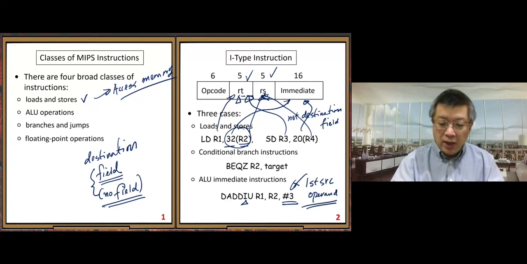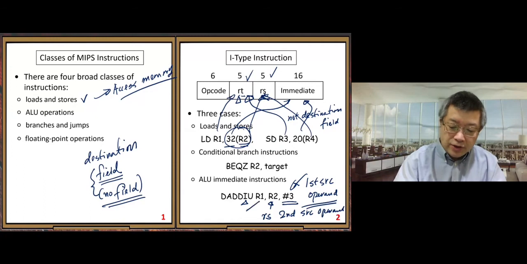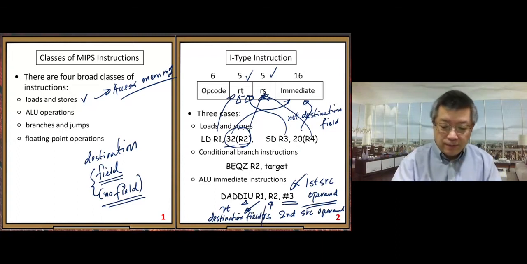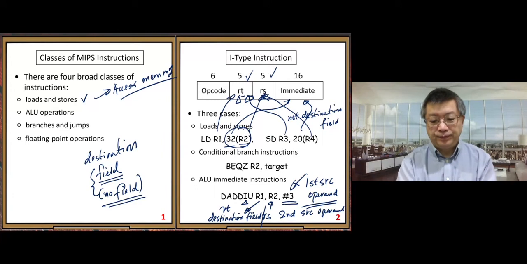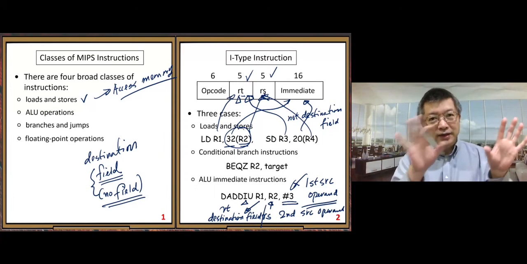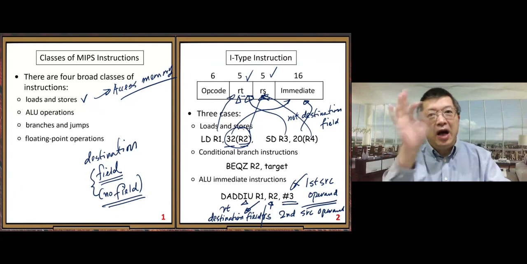This is the second source operand, from the RS field. This RT field is the destination field. So that's the 3 cases for I-type instruction.